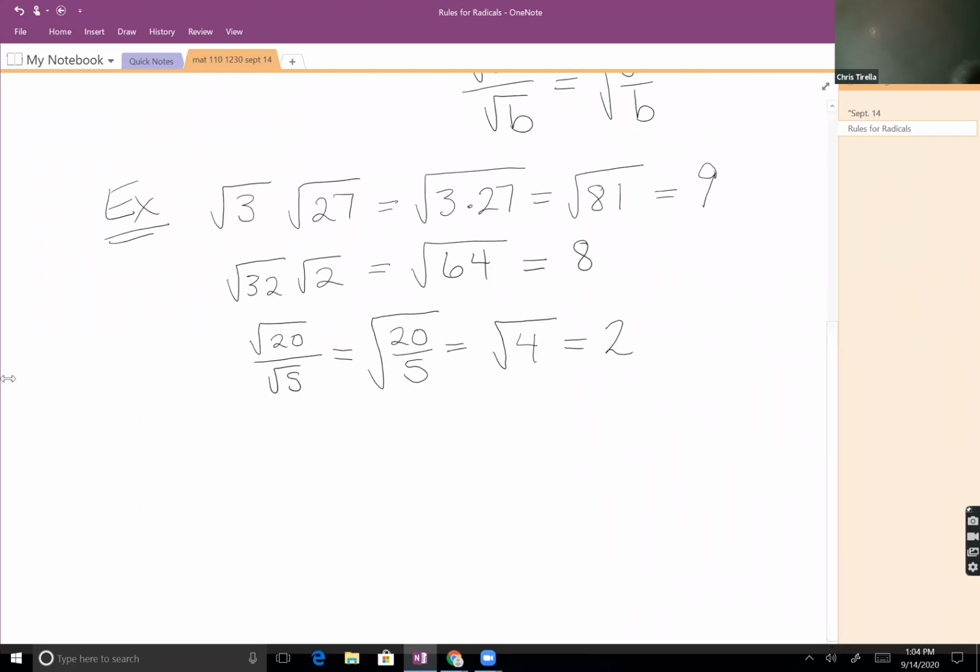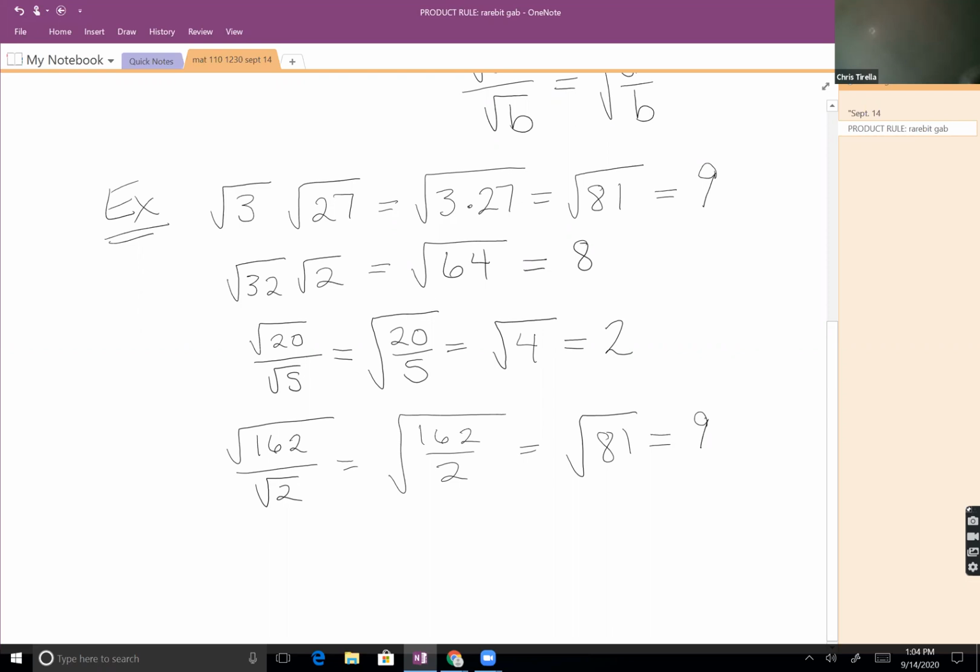And then one more, the square root of 162 divided by the square root of 2, that would be the square root of 162 divided by 2, which gives me the square root of 81, which is 9.